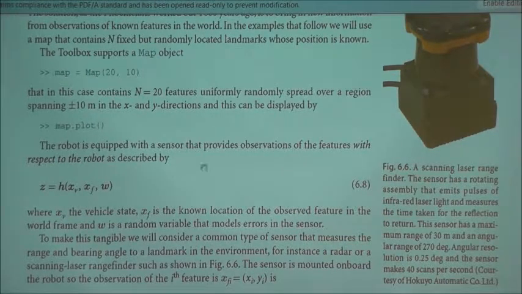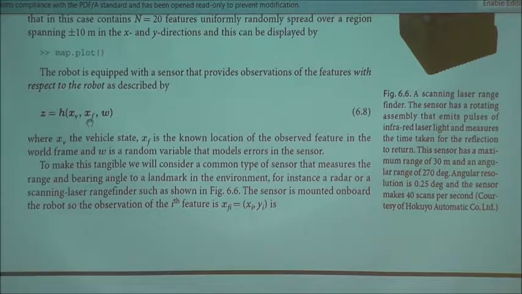The robot is equipped with a sensor that provides observation of the features with respect to the robot as described by this function. So the equation which is relevant to your measurement by the sensor under the presence of sensor noise, in this case w, in equation 8, is described by this nonlinear function, which is a function of xv, the vehicle state, and xf, the known location of the observed feature in the world frame.